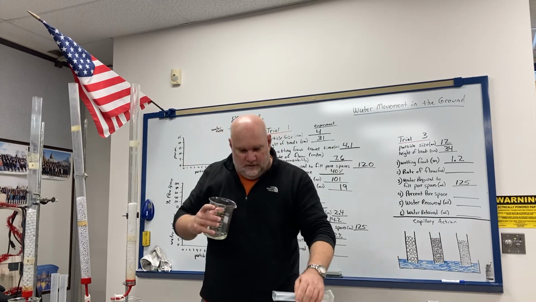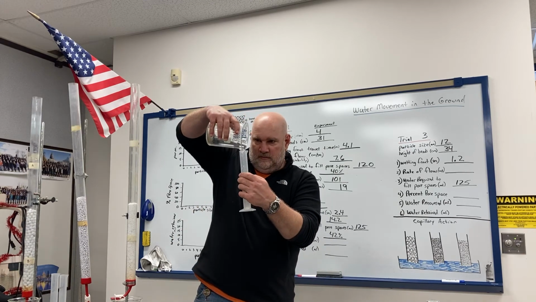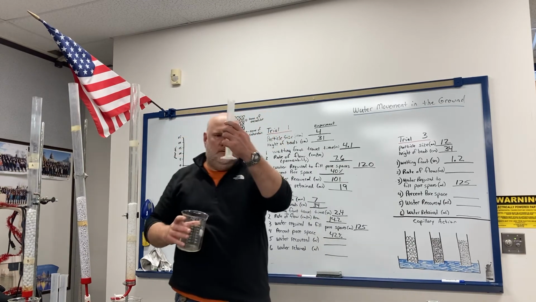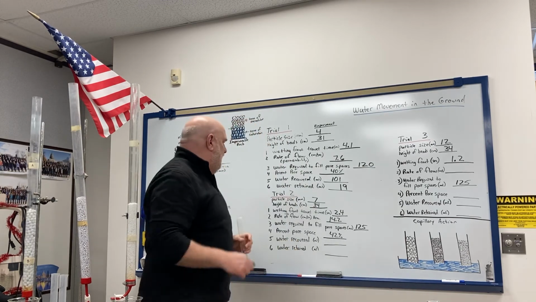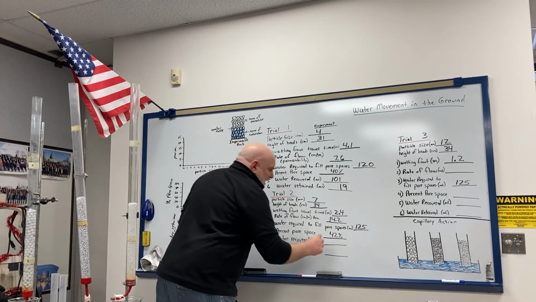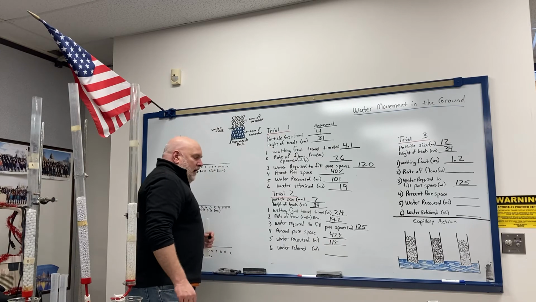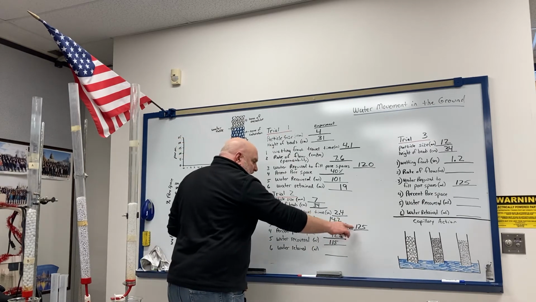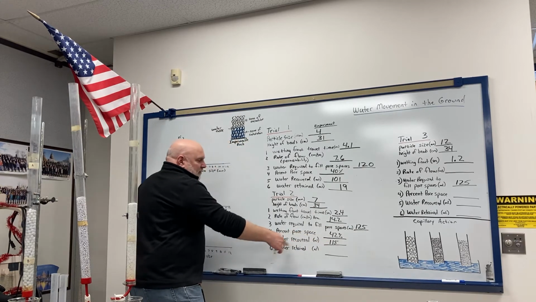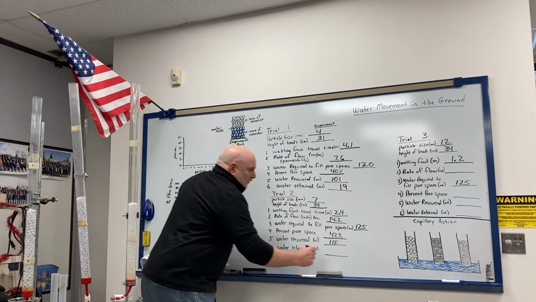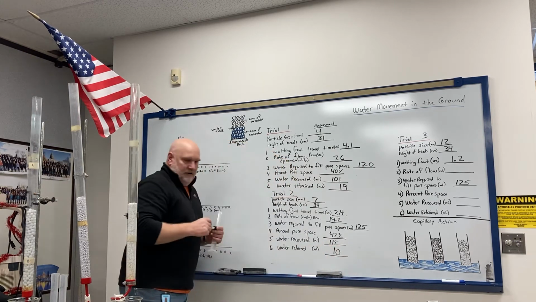So there's 100, and about 15. So about 115 is what came out the bottom. So I poured in 125, 115 came out the bottom. That means the amount that's retained by the particles was about 10 milliliters.